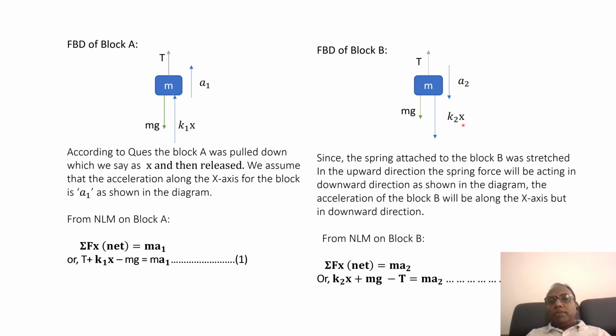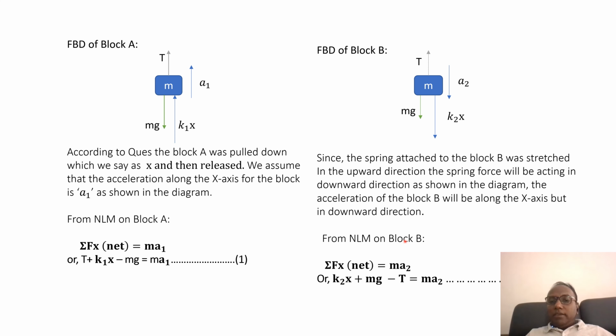Similarly, for the free body diagram of block B, you see string force is upward, that is T. Weight of the block is acting downward, mg. Spring force here will be acting downwards. Why? Because spring number 2 is elongated. So when it is elongated, that spring will try to regain its length. So it will pull the block downward, right? a2 is the acceleration.